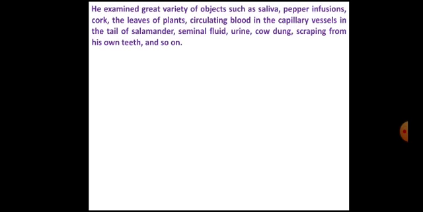So he examined a great variety of objects such as saliva, paper infusions, cork, the leaves of plants, the circulating blood in capillary vessels in the tail of a salamander, seminal fluid, urine, cow dung, scrapings from his own teeth, and so on and so forth.